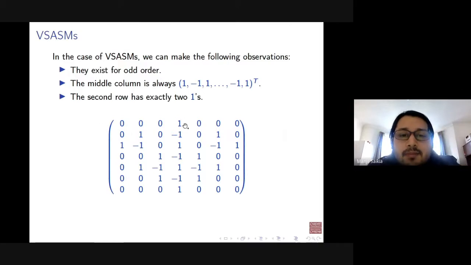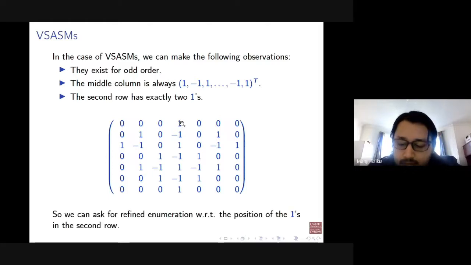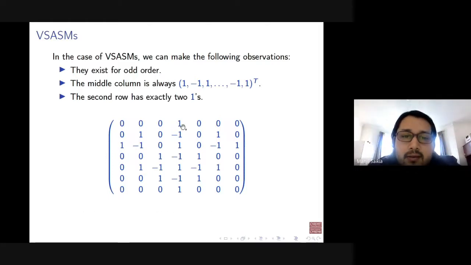So the only possibility, since we know already that the first row has only one non-zero entry and that has to be 1, is that the 1 has to appear in the middle, in the column which is the vertical symmetry axis. So that is why the 1 is fixed in the first row.